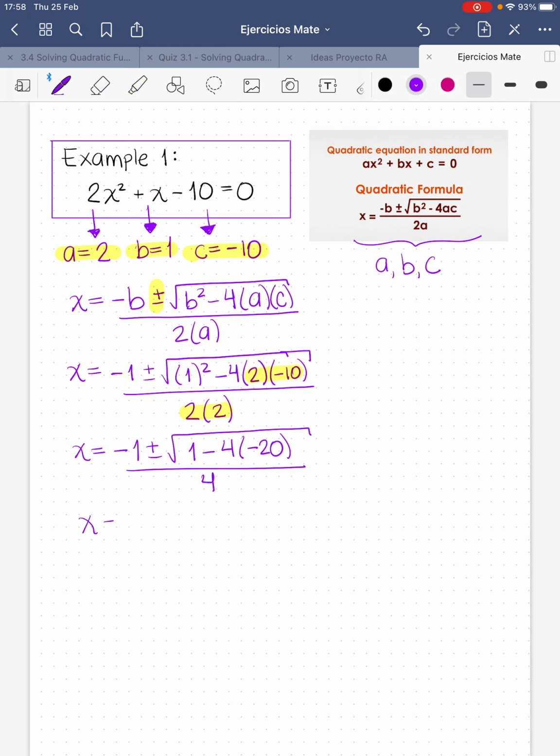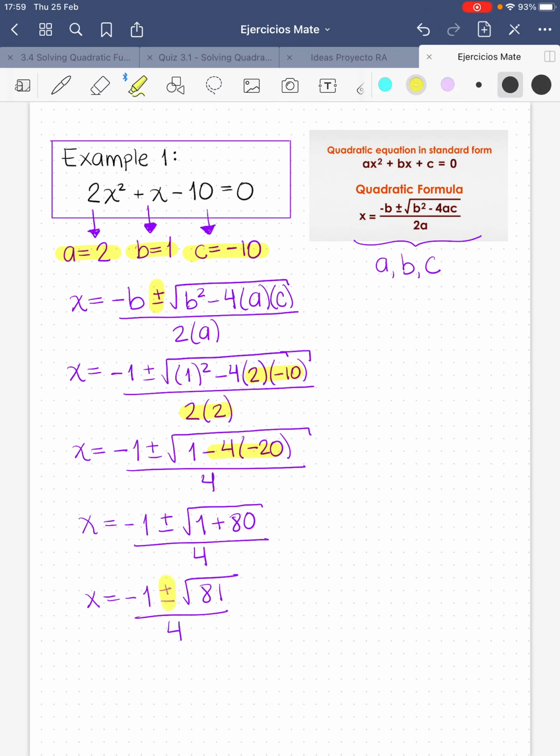So again, x equals negative 1, then plus minus 1, negative 4 times negative 20, negative and negative is positive, and 4 times 20 is plus 80 here, divided by 4. So x equals negative 1 plus and minus square root of 81 divided by 4. And the square root of 81 is 9.